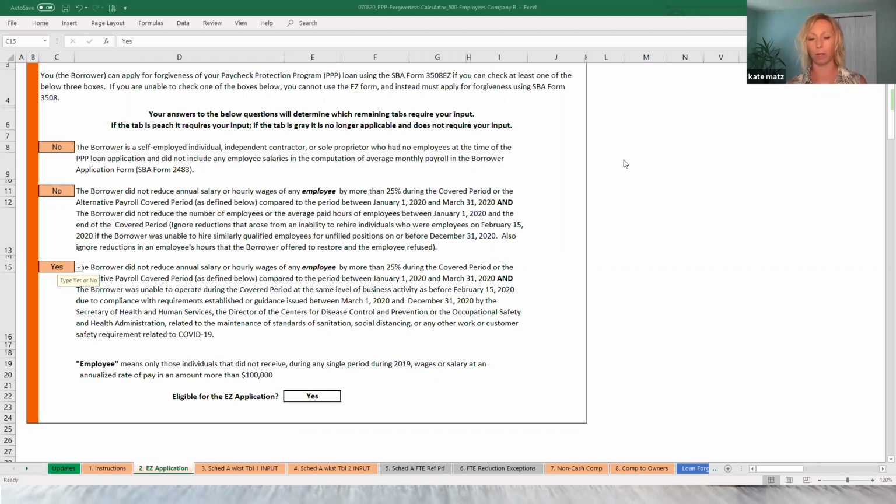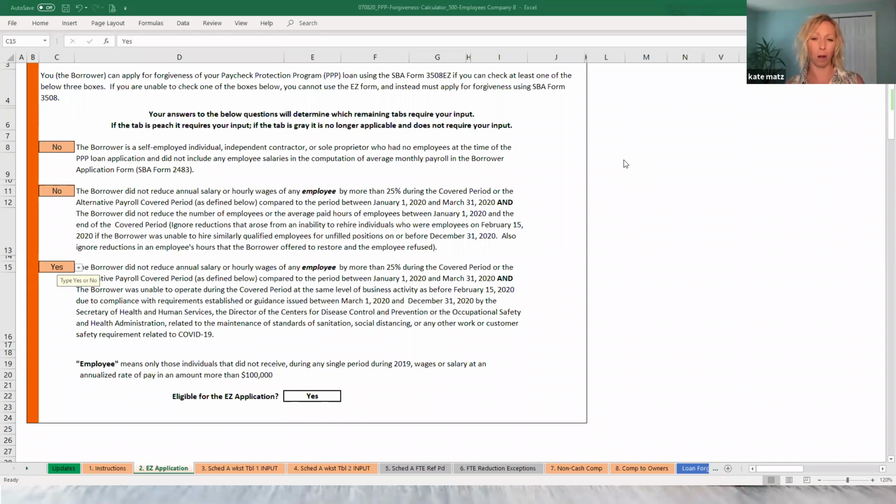When they came out with it, they didn't look at anything about the dollar amount of your loan or if you were getting full forgiveness or partial forgiveness. They really tied it into, do you have FTE reductions and do you have compensation reductions? They basically said, if you don't have compensation reductions or FTE reductions, we'll use the EZ form. So that's the big picture of it.